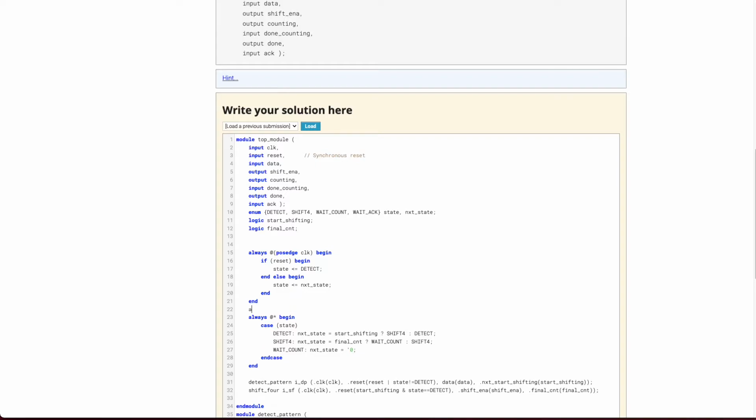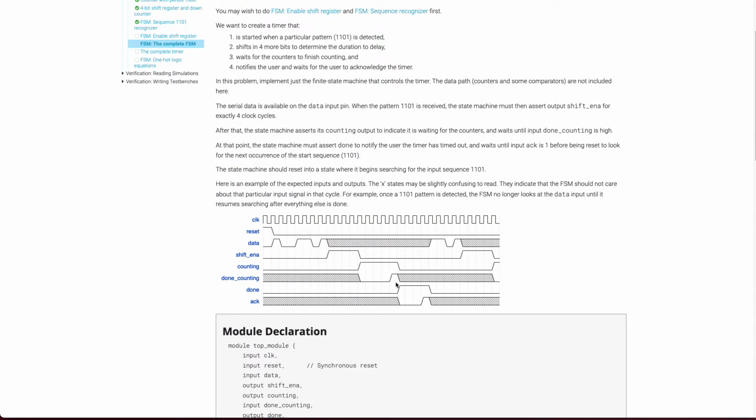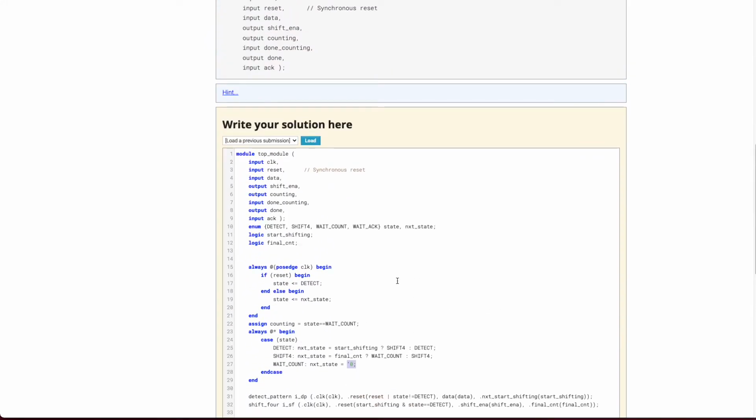Maybe here is a little bit easier to read. Okay, and if I get this done counting, then the next state is wait ACK, otherwise I'm at wait count.